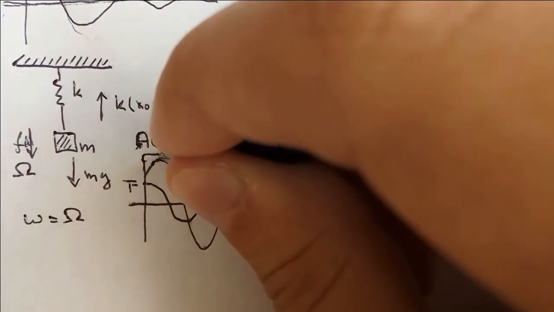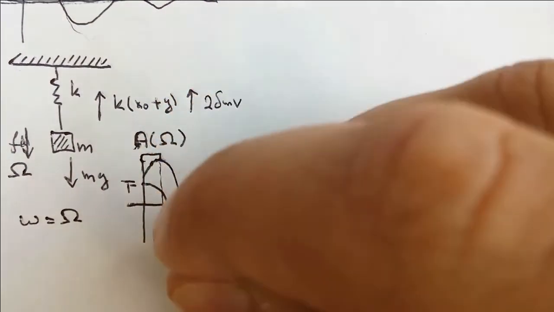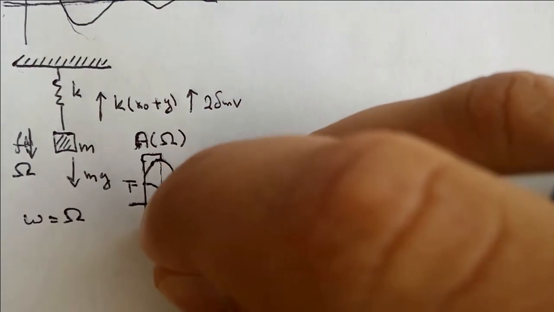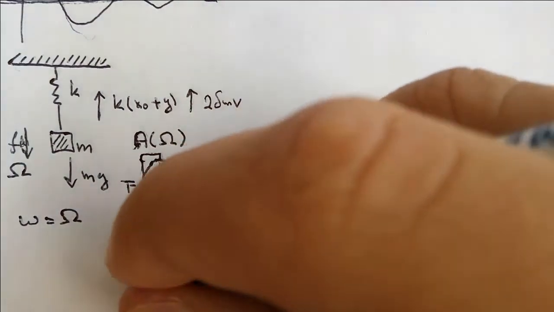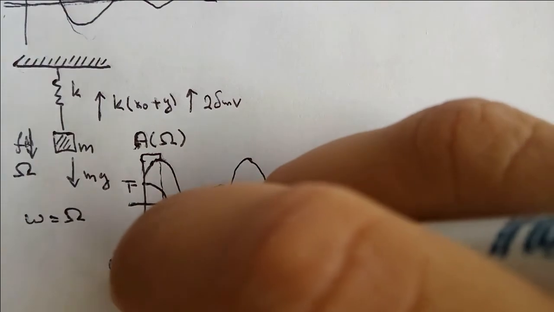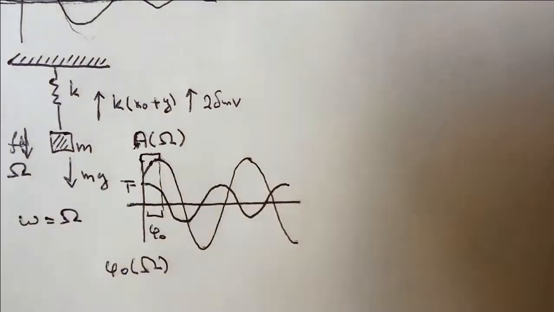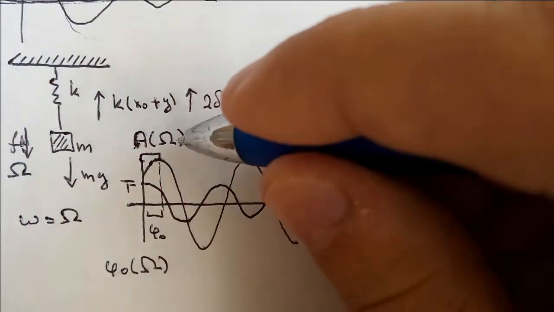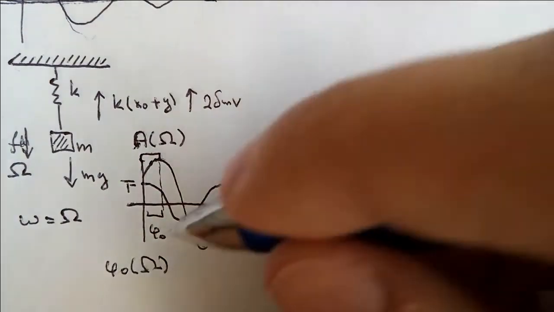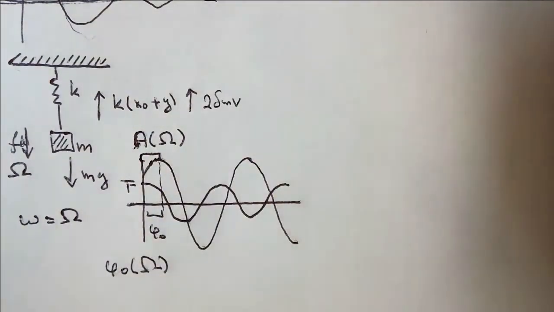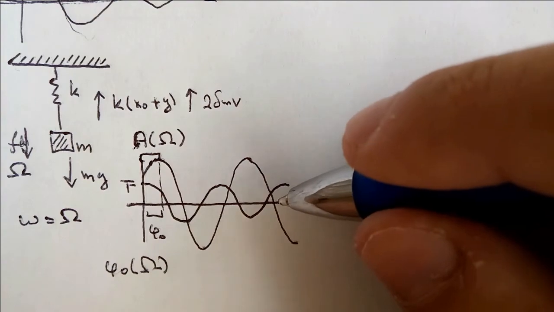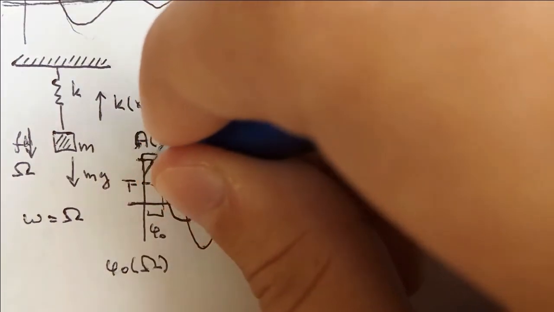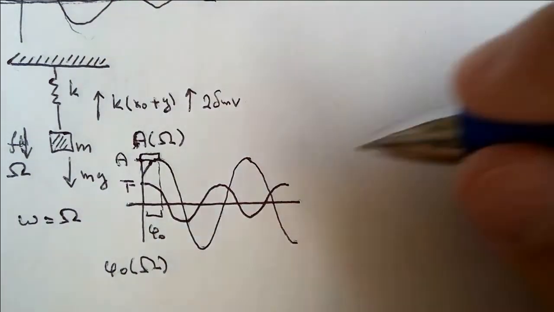So there can be some shift, and really there is some shift, and the shift is also dependent on omega. So the question is how to find these two functions. This is the amplitude of this motion.